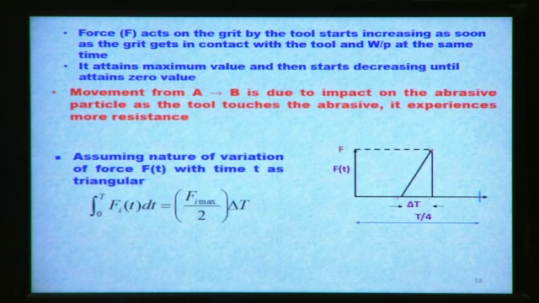This is the Fi max here, by 2, half, because we are considering the triangular area. So the area of this triangle is Fi max by 2 into this del t.